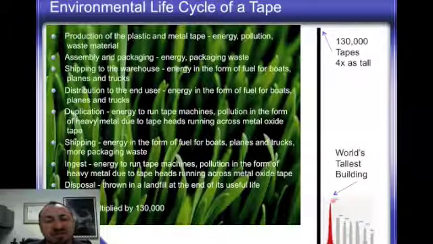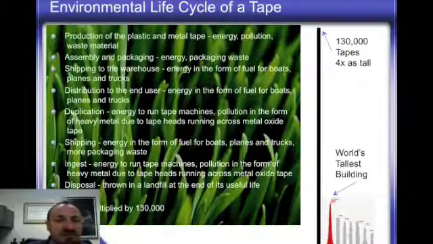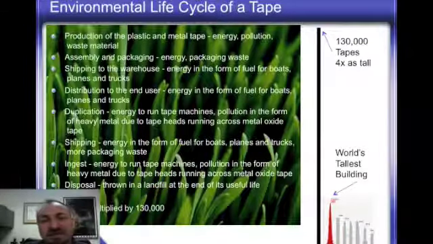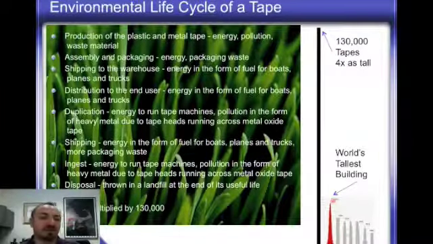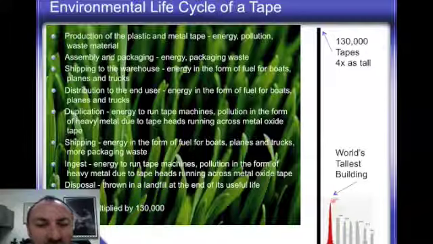People have light bulbs on, machines operating, and then you've got packaging that you're putting the tape into, and then you're shipping that somewhere, with energy in the form of fuel for boats, and then distribution to the end user, and then the duplication, shipping, ingest, etc. So all along the way, you've got fuel cost.